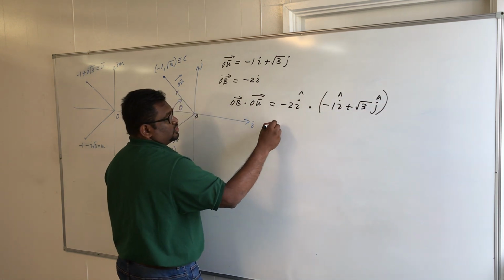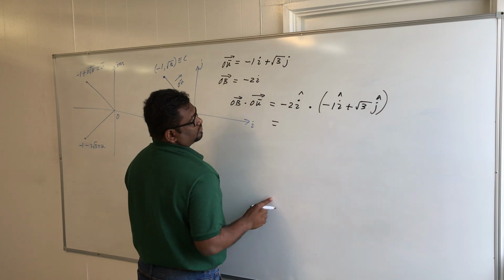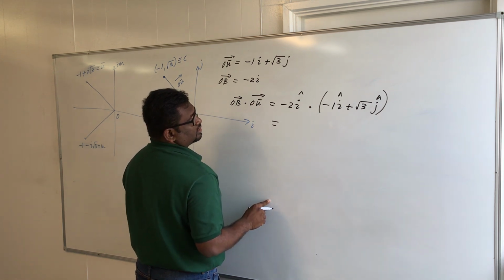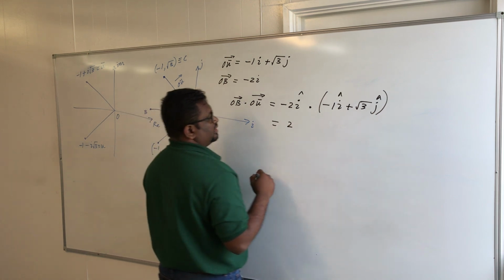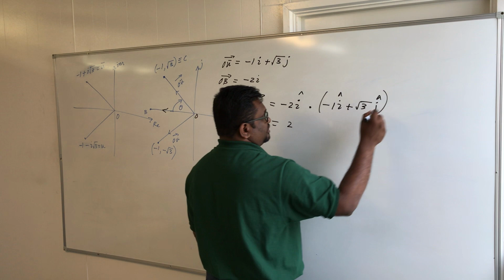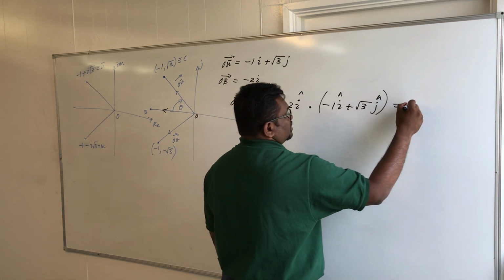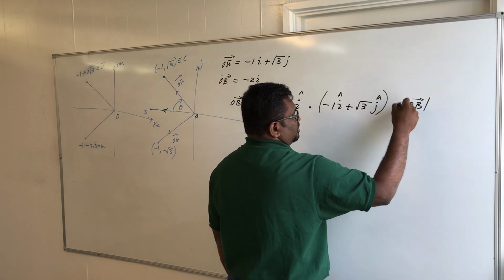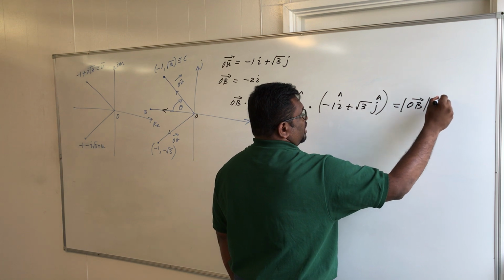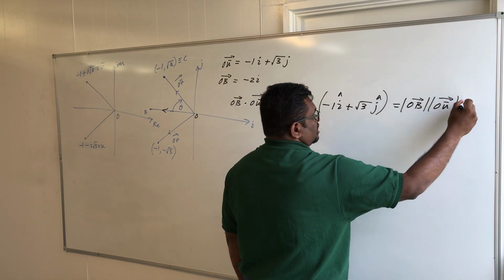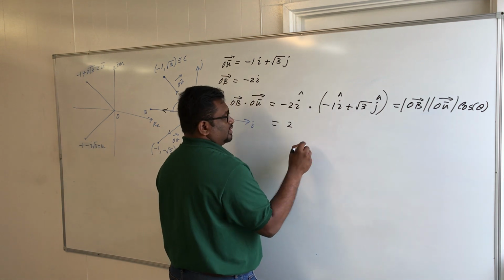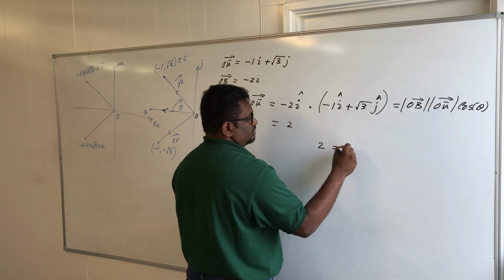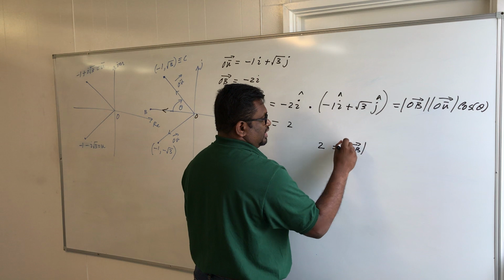So you can see from here, what is the answer? Plus 2, right? And with the definition of this dot product, you get OB vector magnitude, OU bar vector magnitude, cos theta. So you get from here 2 is equal to this. So now you tell me.